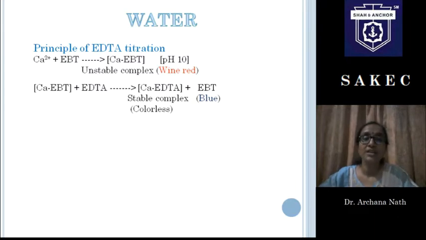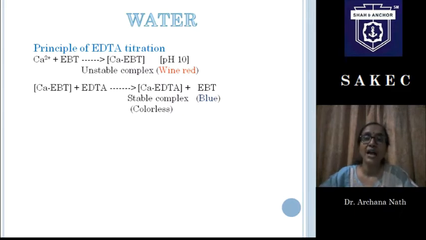So what is the principle? Calcium ion present in the water sample will interact with this EBT at pH 10 and give an unstable complex. It is the calcium-EBT complex, which is of wine red color.